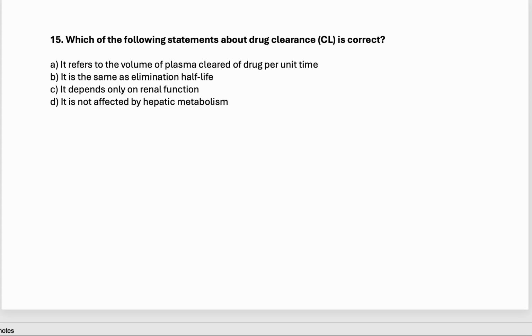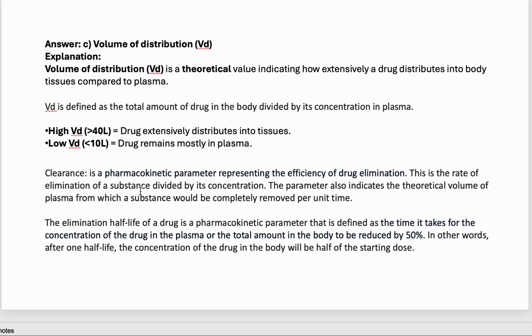Yeah, sure. Let me see the slide. So it is the rate of elimination. Suppose you have something in the plasma. It's the parameter in which you see how, say, 10% is removed from 100%.